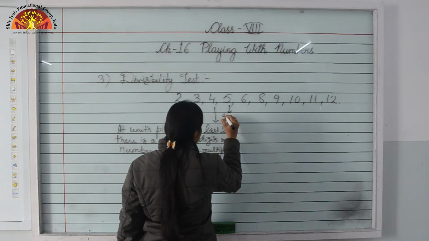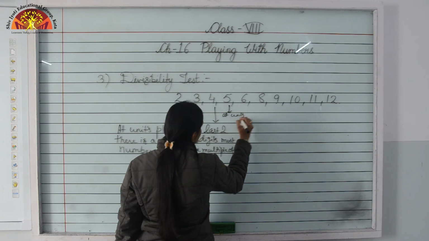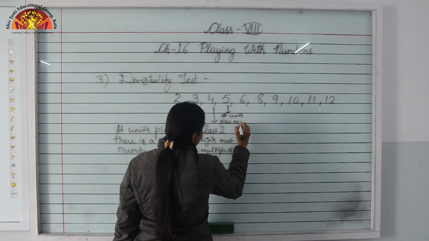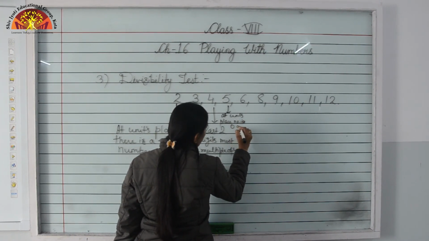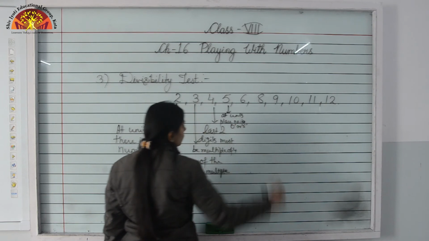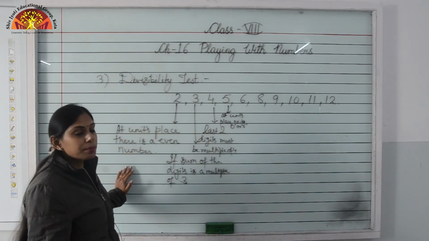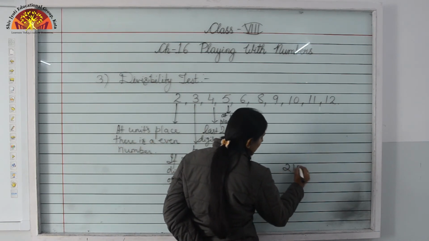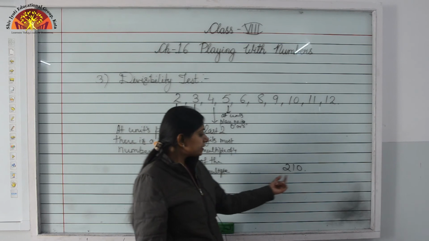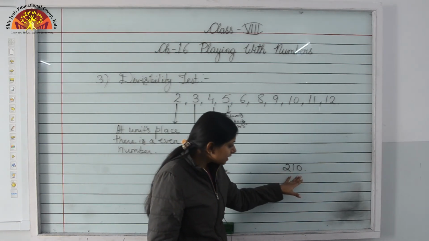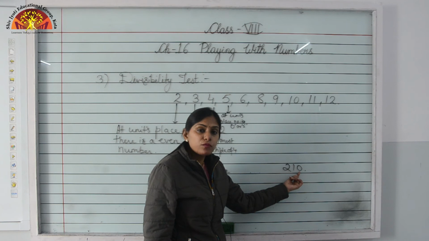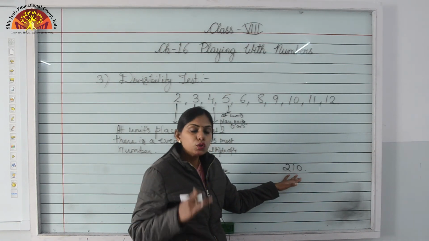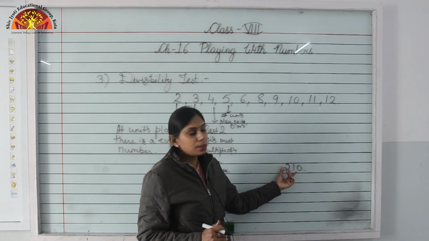As an example, if I write the number 210, how do we judge whether it is divisible by 5 or not? You can see, children, that at units place, at ones place, the digit is 0. That means this number 210 is divisible by 5.